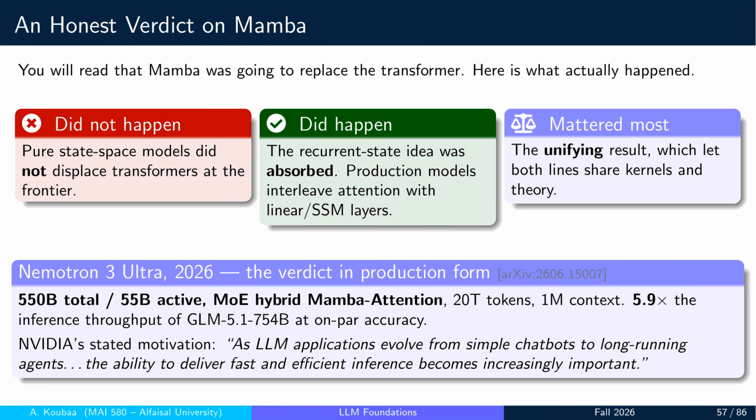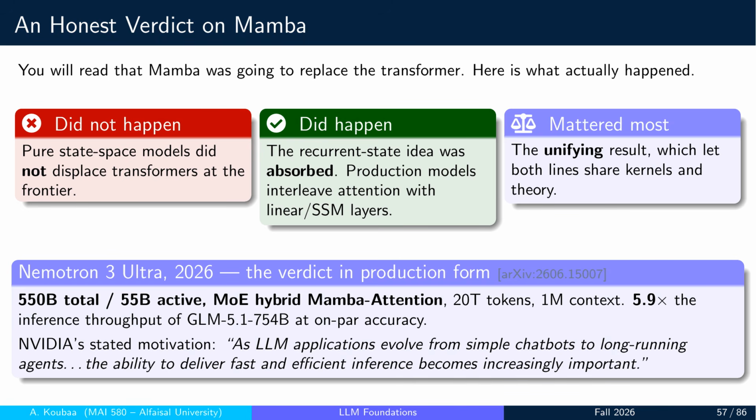Now, the production form at the bottom. Nemotron 3 Ultra, 2026. 550 billion total parameters. 55 billion active. A mixture of experts hybrid of Mamba and attention, trained on 20 trillion tokens with a 1 million token context.